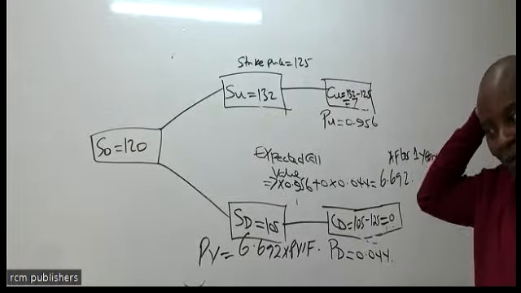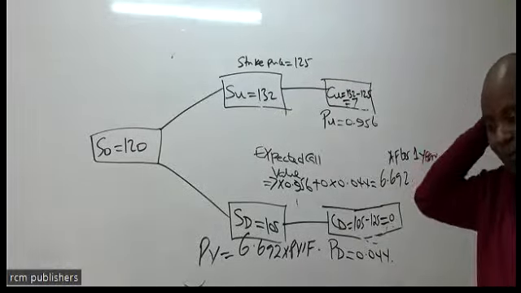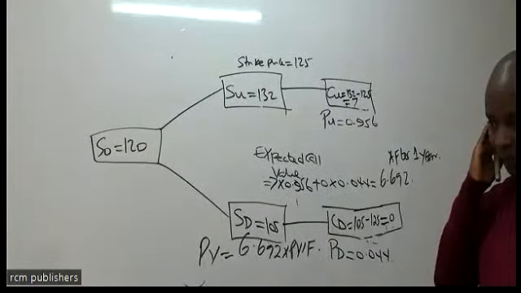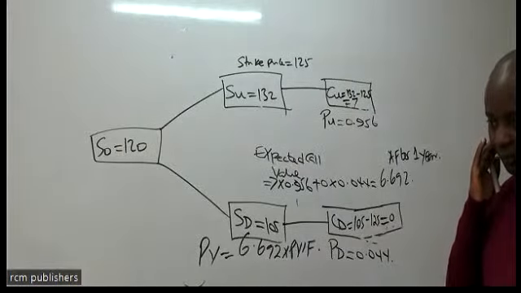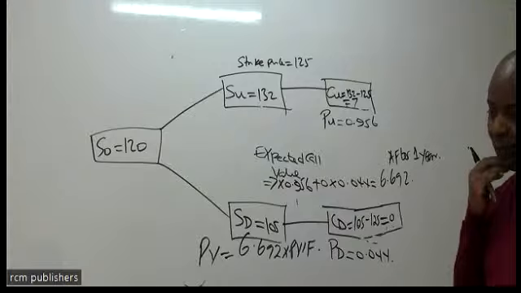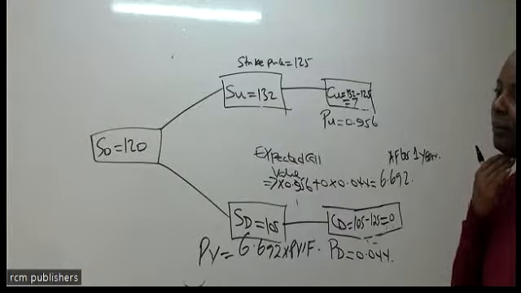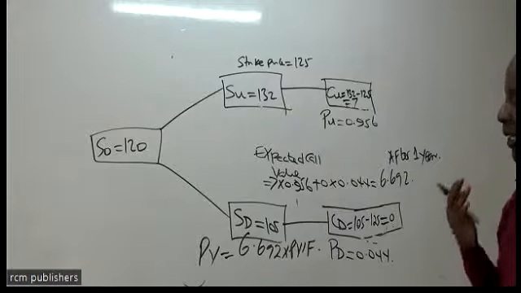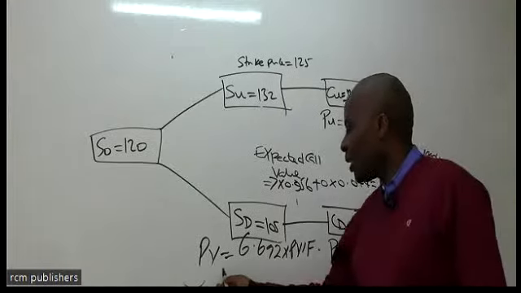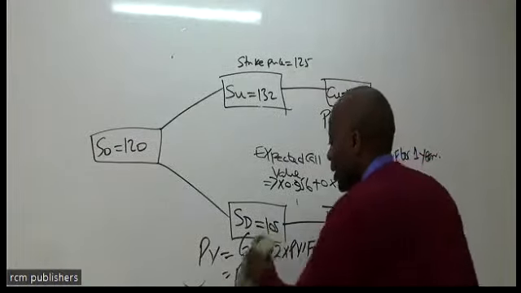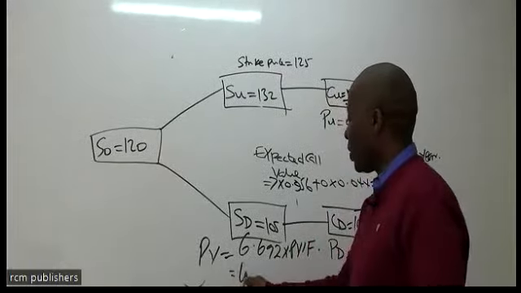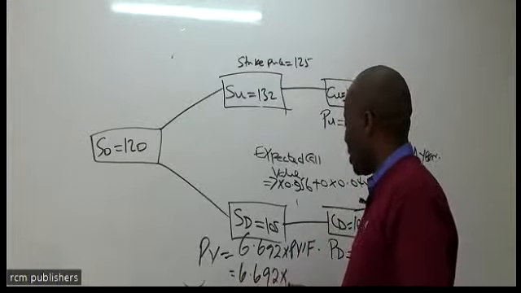I can see that K already has a discount factor. So in this case this will be 6.692 times 1.0.